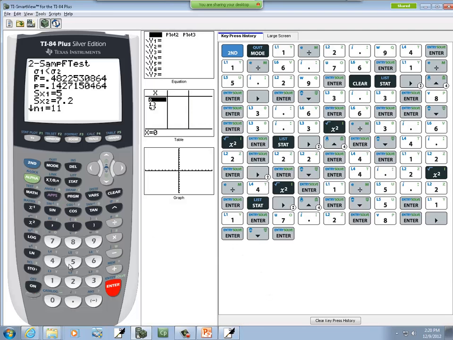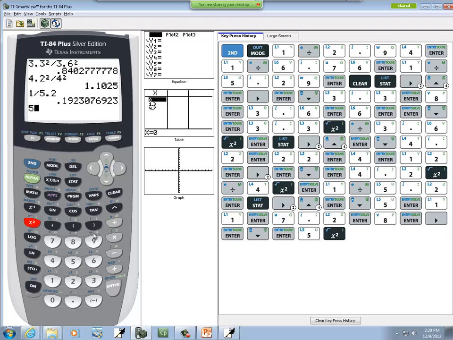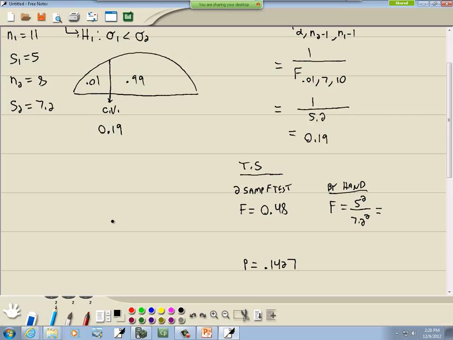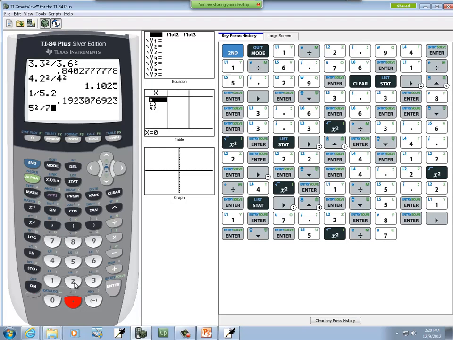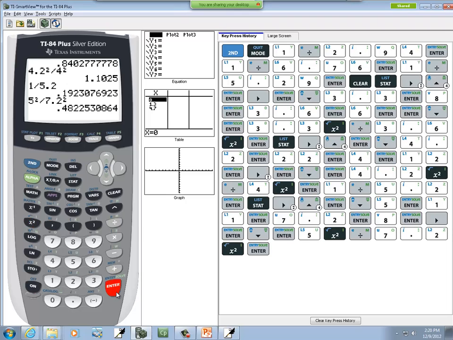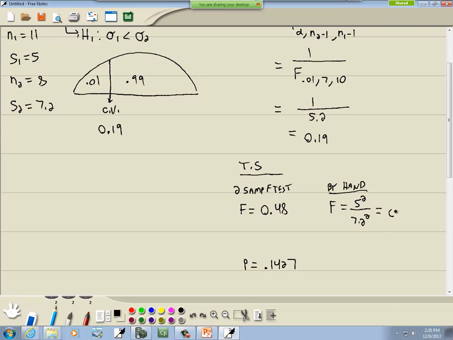So we've got 5 squared divided by 7.2 squared, and we get 0.48. Here's the number line, here's 0.19, and 0.48 will fall over here somewhere.